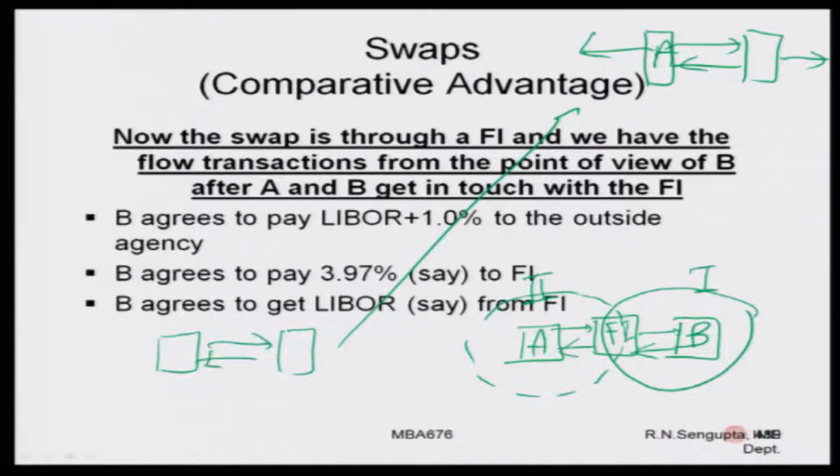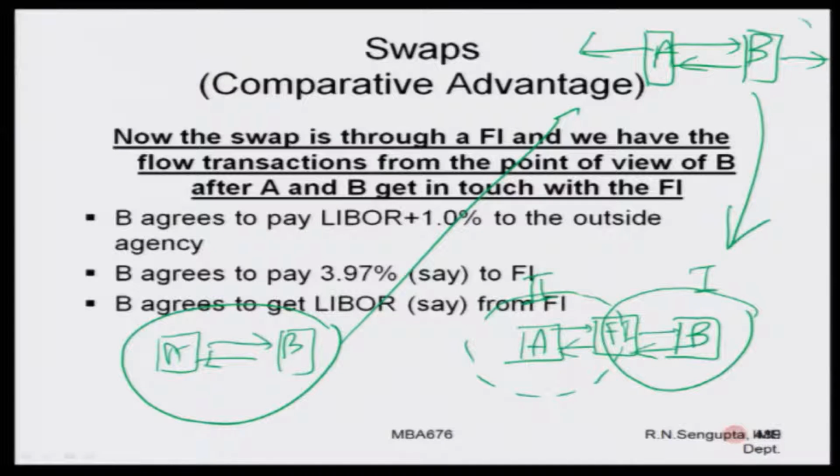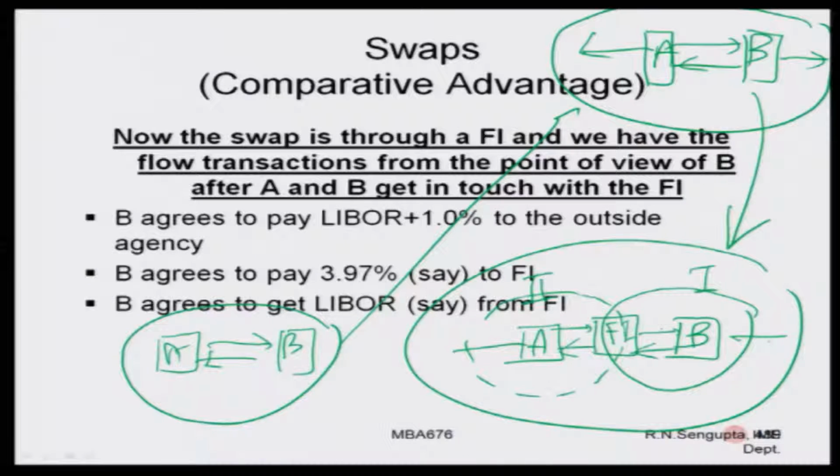So, this was A, this was B, this was A, this was B, and once this is done you will come to this. So, the actual flow becomes A and B only, then A and B along with their respective third parties, then A and B with their respective third parties along with an FI. So, it is basically stage by stage as we move.